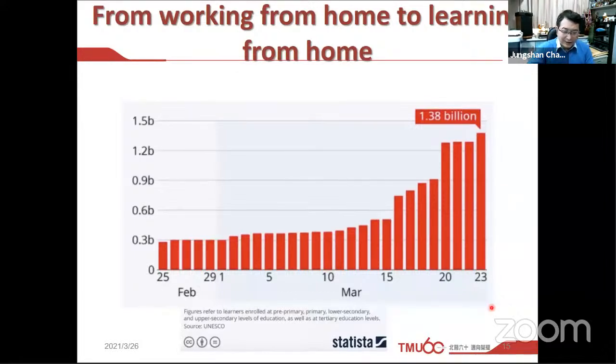From the previous slides, I showed you the impact is so huge on the economy. According to the UNESCO report, there are more than 1.38 billion school children or students going to online courses due to the closure of schools.